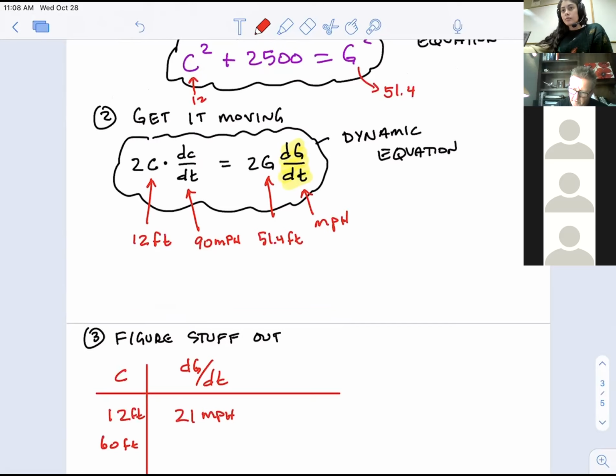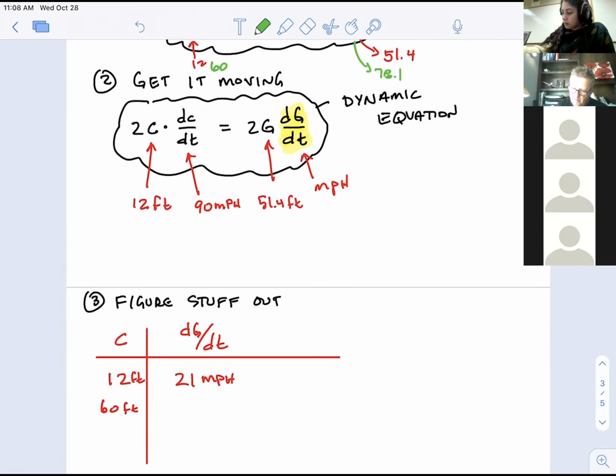I'll redo this in another color. If I stick in 60 for c, then g is not 51.4. So I actually have to refigure that out. 60 squared plus 2,500, raised to the 0.5 power, is 78.1. So in a sense, I need to have that written down here too. I need a spot for g.